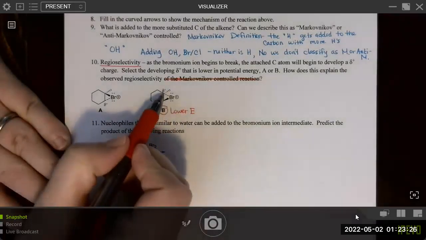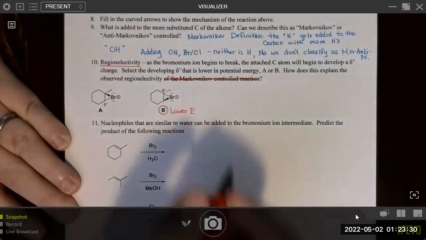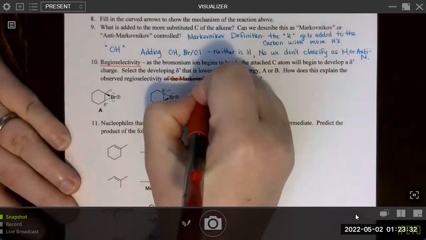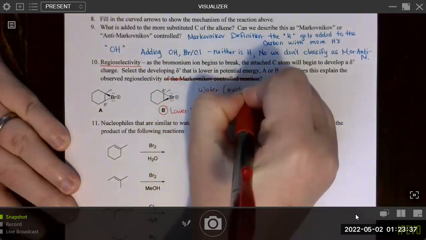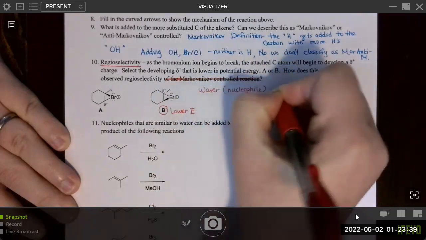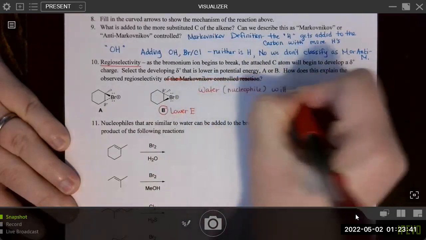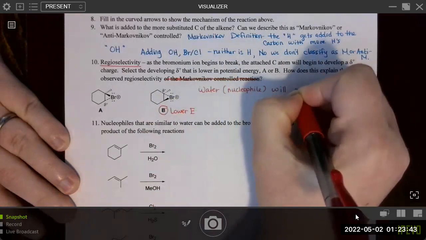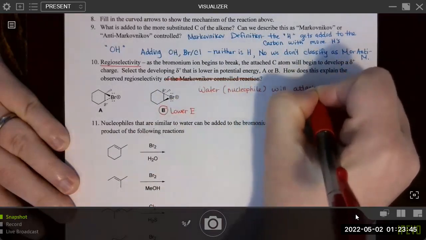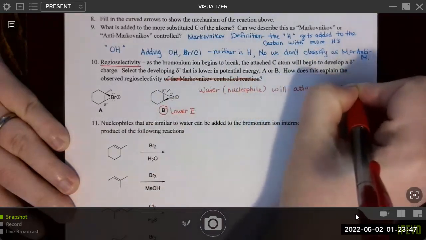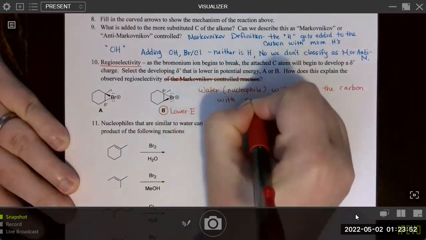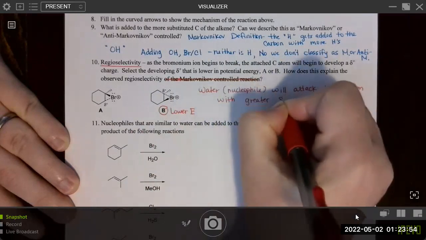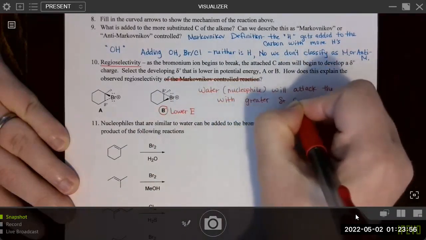Well, the fact that there's a more significant partial positive charge here means that water, which is the nucleophile, will attack the carbon with greater positive or electrophilic character.